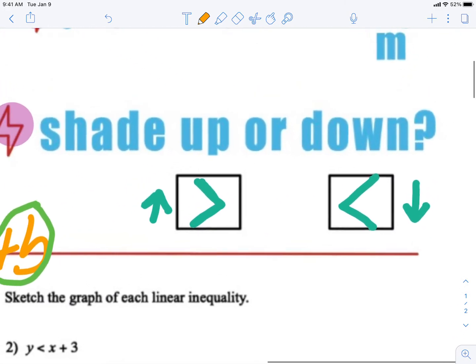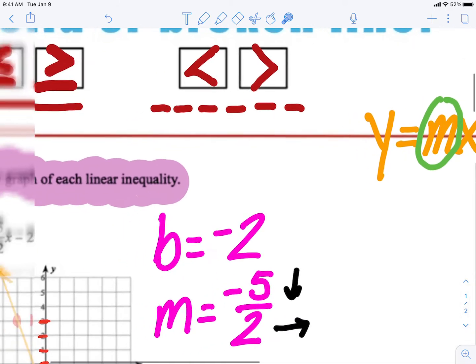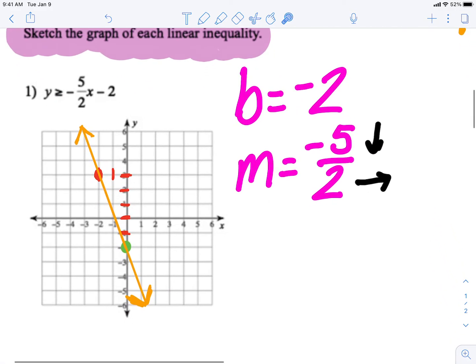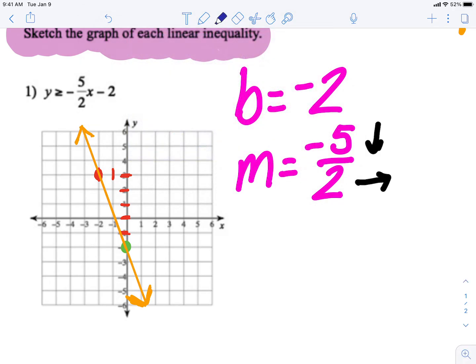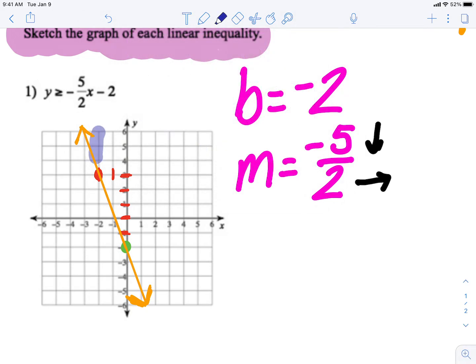Shade up or shade down? Well, if it's greater than, we're going to shade up. If it's less than, we're going to shade down. So let's take a look here. That is greater than. That means I'm going to shade above my line. So I'm going to take this blue here. I'm going to make it a little thinner, and I'm going to shade above my line.